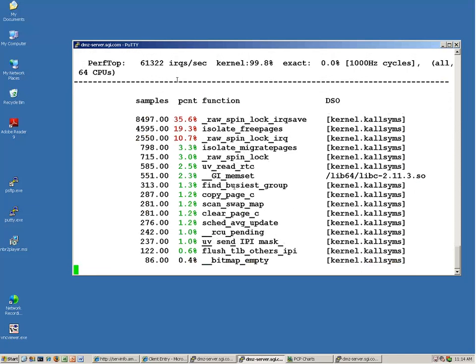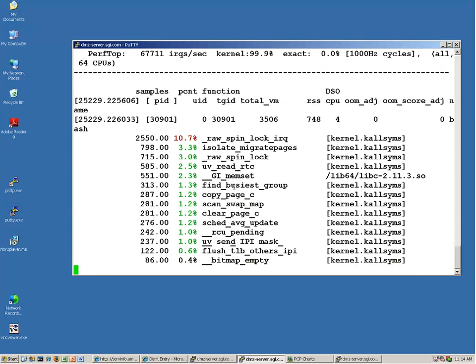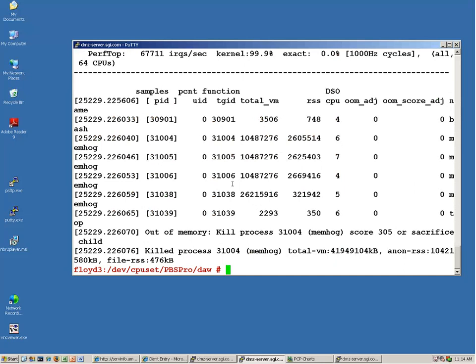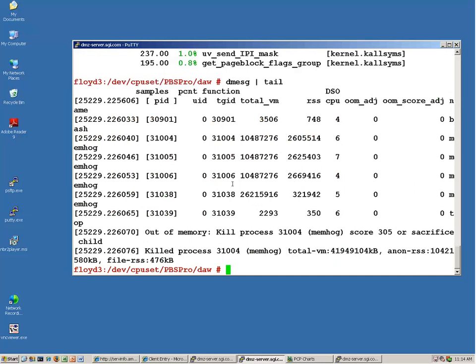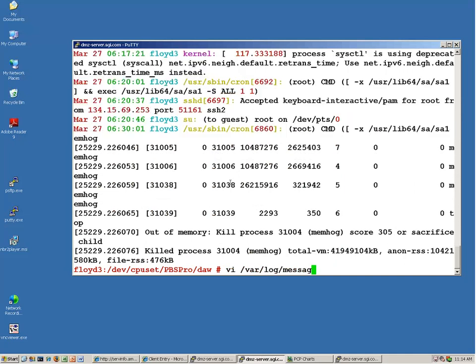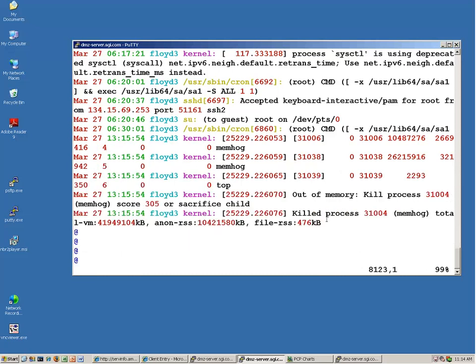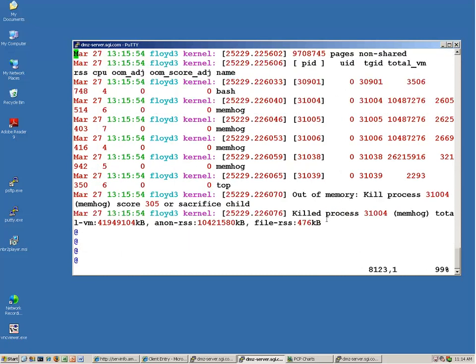Not seeing anything there. Let's do a dmesg tail. Remember earlier, my var log messages did not even show it. It never got to it because of the memory pressure situation. But here, we killed a mem hog.